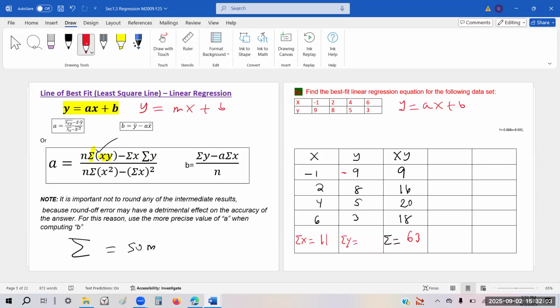Oh man, that means this is wrong. Tell me the correct answer, please. 16 minus 9 is 5. Okay, so 5, 25, and 18. 3, 4, 5, 6.